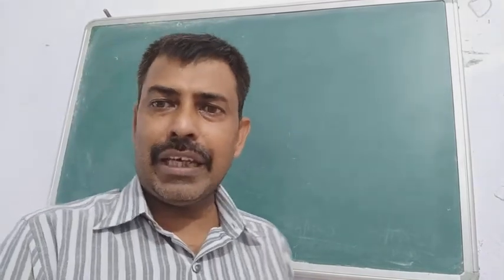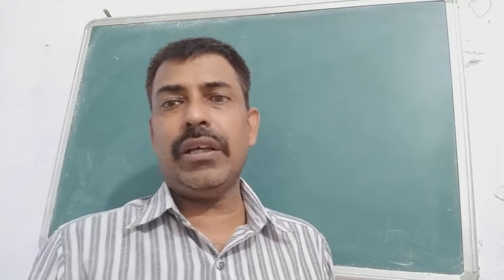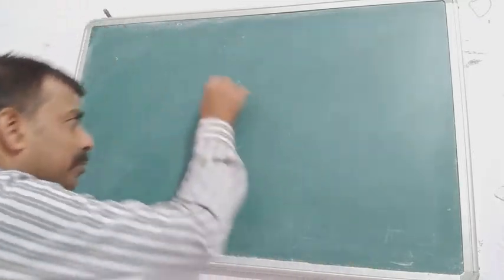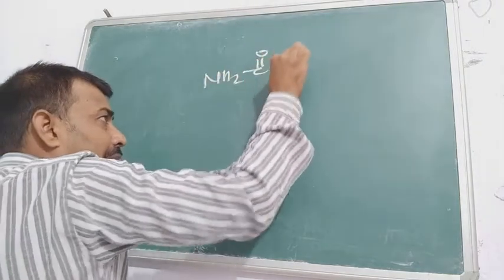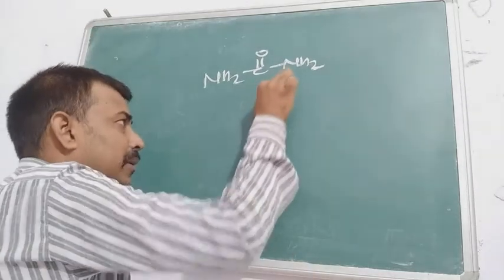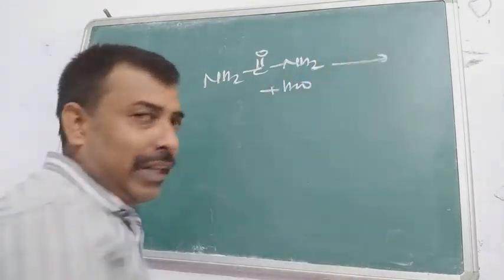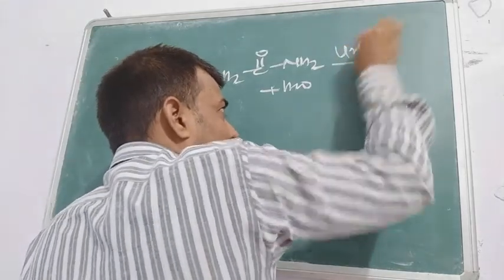If I take an example to show how selective enzymes are towards their reactant, see this one: NH2CONH2. If you are going to hydrolyze this substance, the catalyst used will be urease, an enzyme.